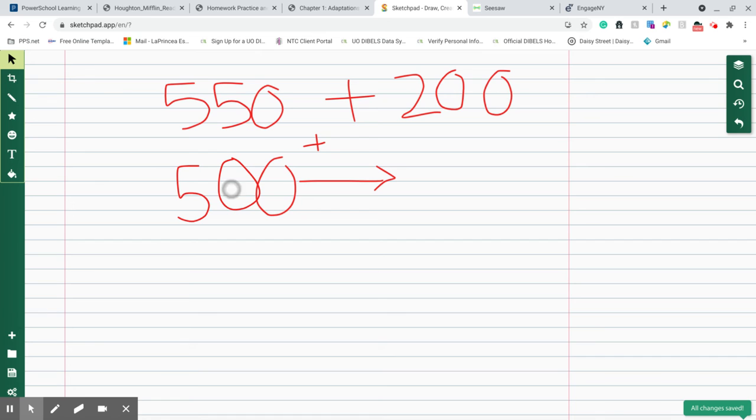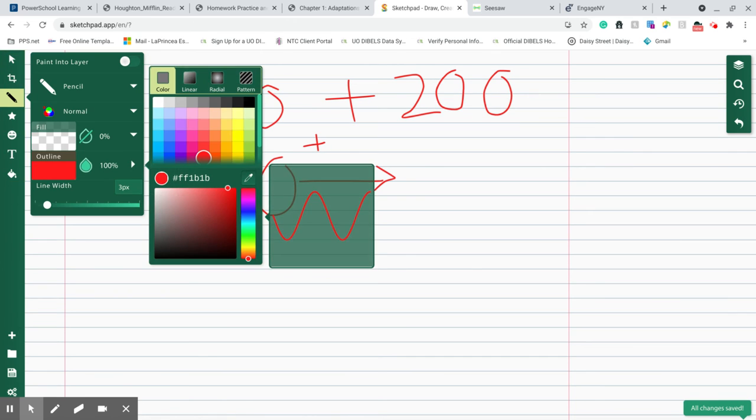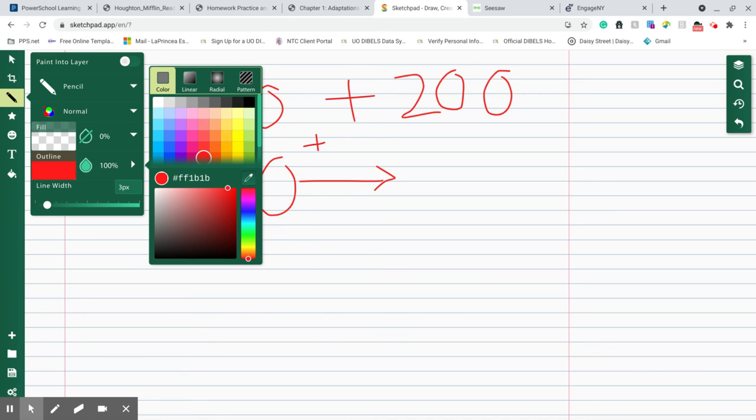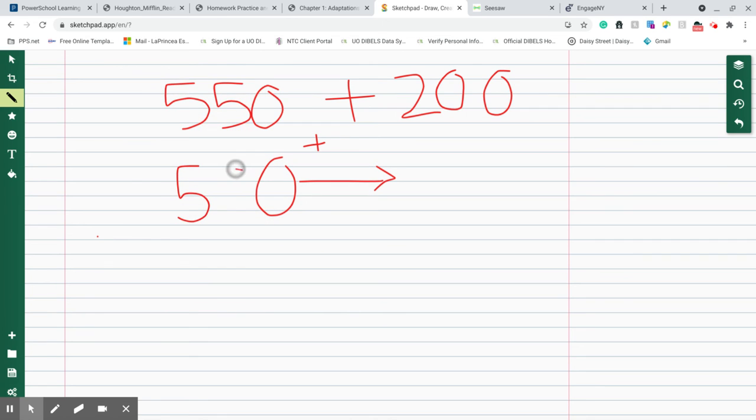And this should be 550, not 500. So starting with adding 200, and this should be 250. You're going to go 750.